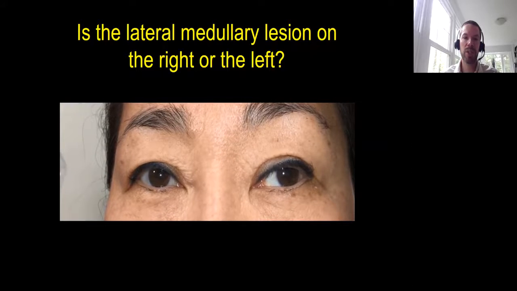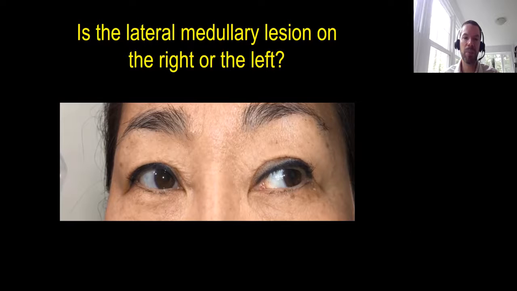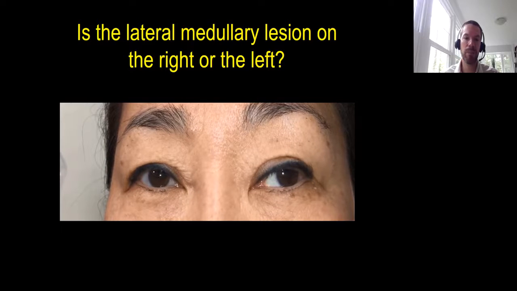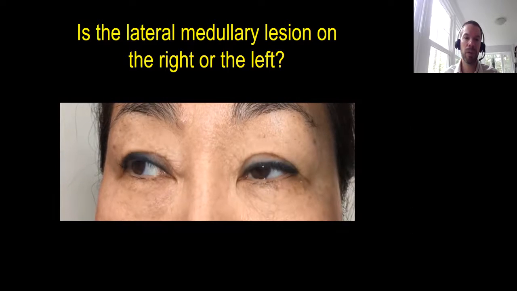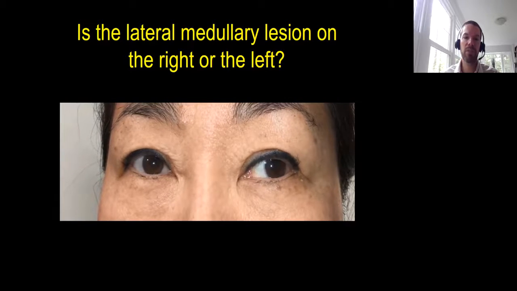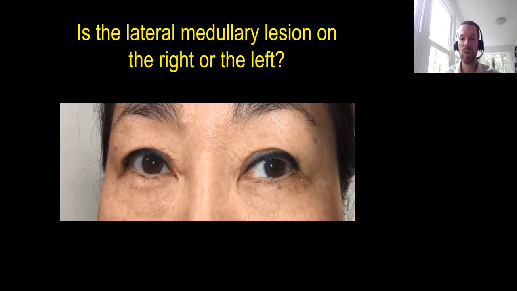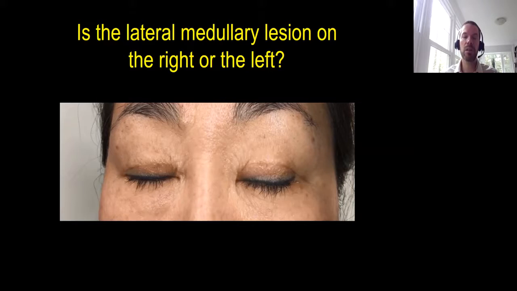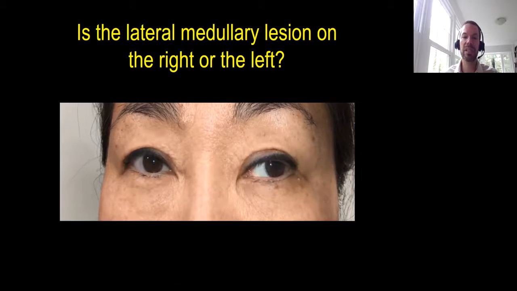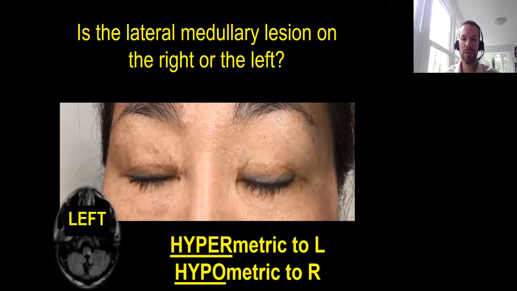When she looks to the right, she undershoots. That's a hypometric saccade to the right. When she's making a saccade to the left, she goes past the target and has to come back. So it's hypermetric to the left, hypometric to the right. I'm telling you, this is a lateral medullary syndrome, so this has to be on the left side.